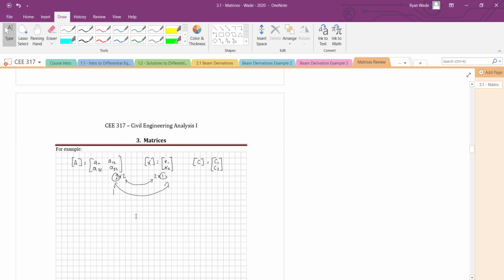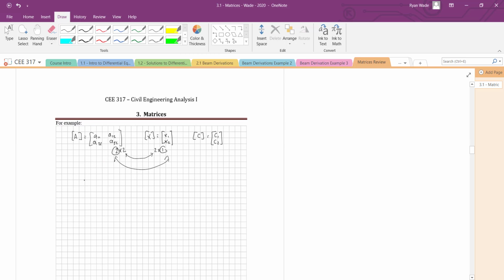So in terms of C, or A times X, if I get A11, A12, A21, A22 times X1, X2, what it's going to look like, we'll say that equals C just for argument's sake, is A11 X1 plus A12 X2, and then A21 X1 plus A22 X2.